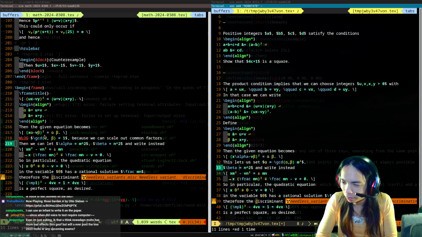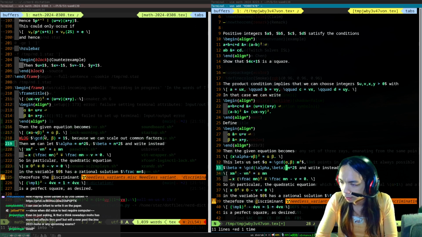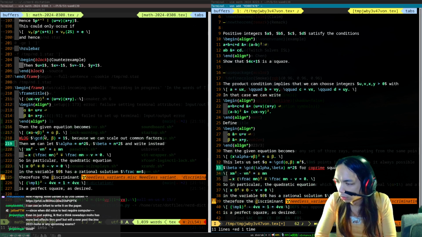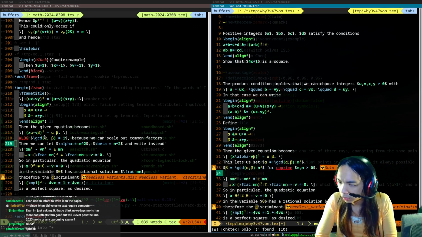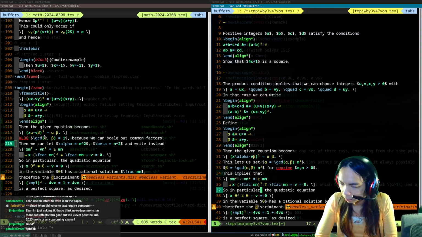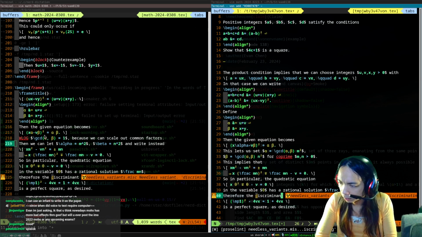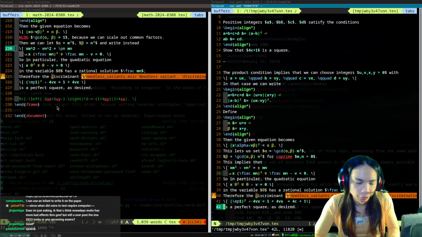Yeah, I'm gonna avoid the scaling language because it's a little confusing. Okay, cool.